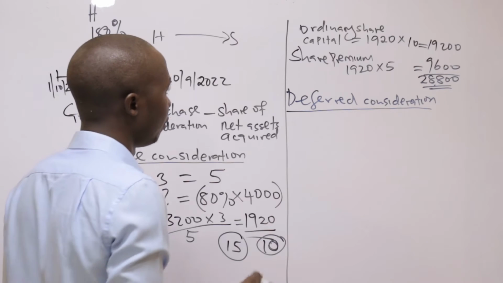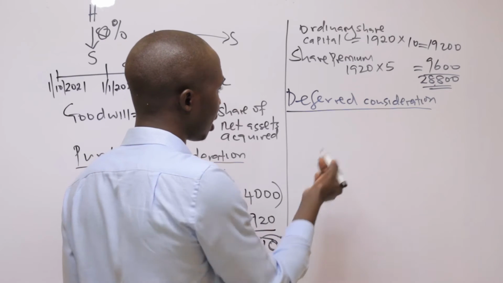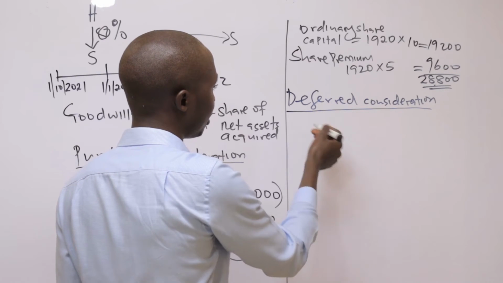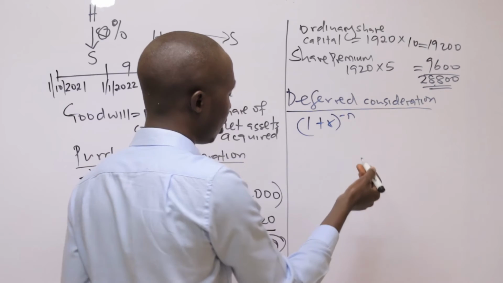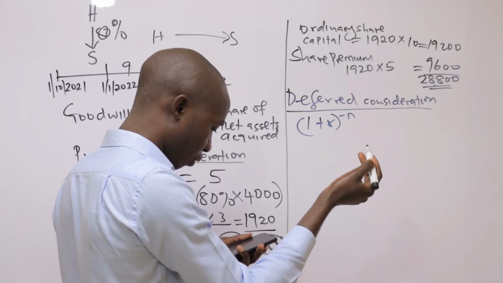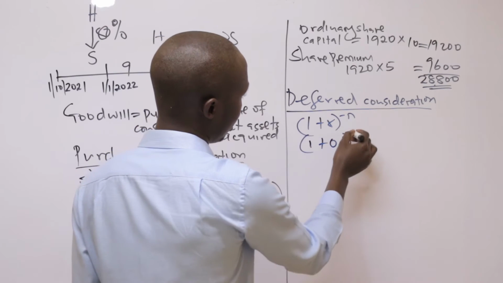Remember that if you need to get a discount factor, you can compute it, but already we were given it. It is 1 plus r raised to n, and they said 1 year, so 1 plus the cost of capital, 0.1, raised to 1.